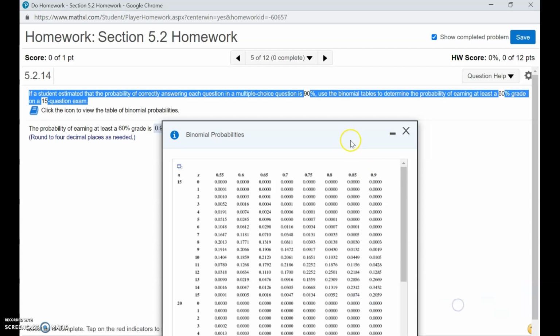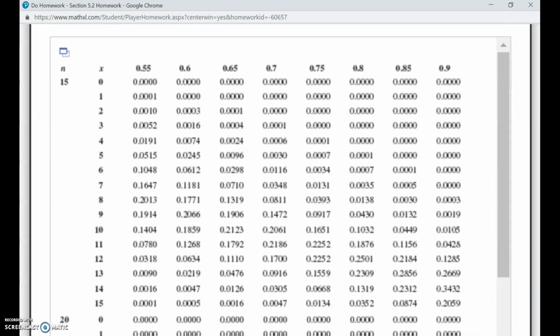So if you go to your table, N is 15, so we're good on N. And then we need to go find 0.90. So 0.90 is going to be on the far right. Then we're going to go down to 9 and go all the way across to 0.90.